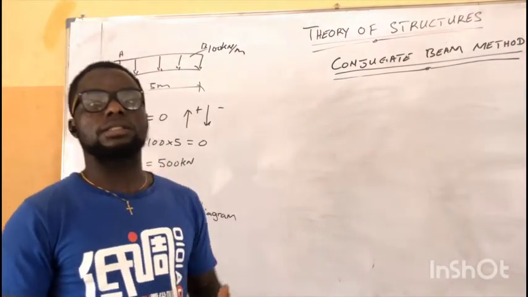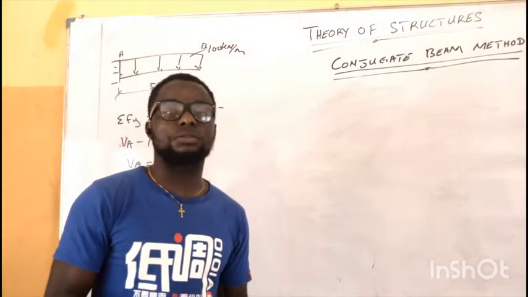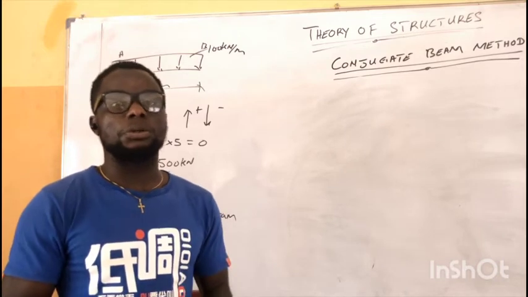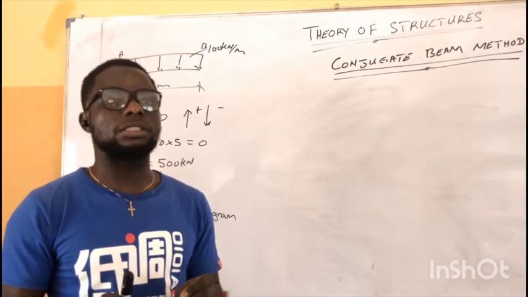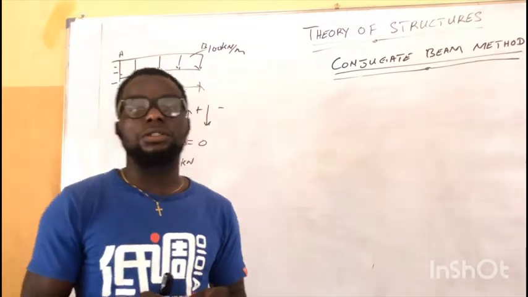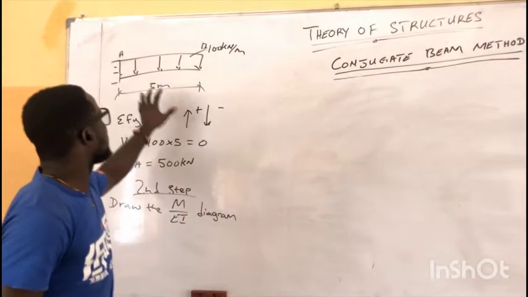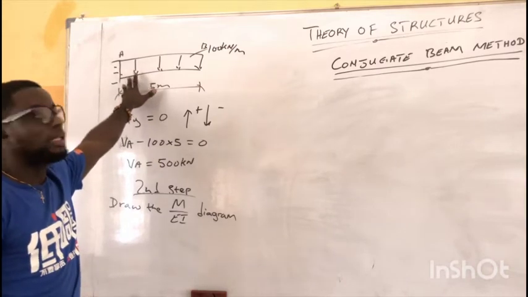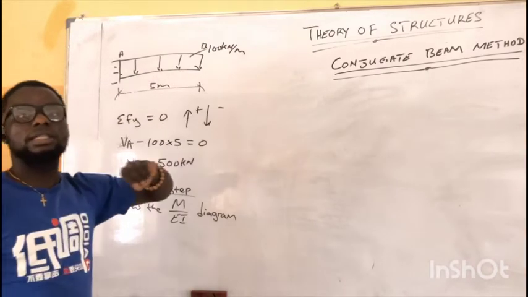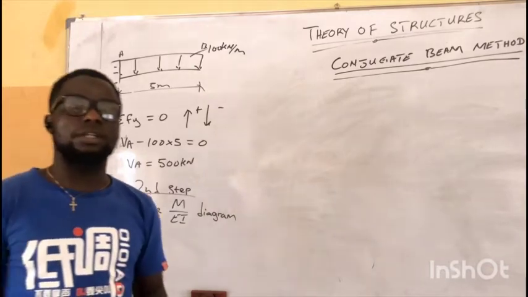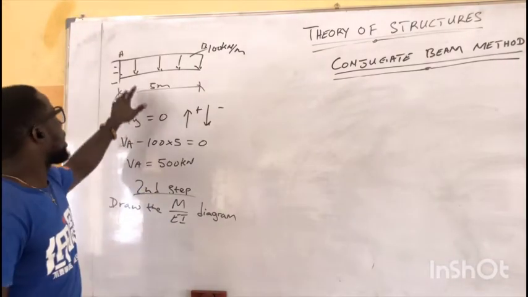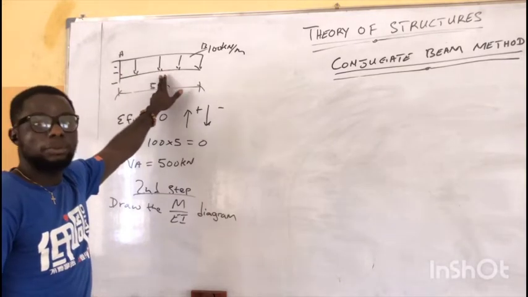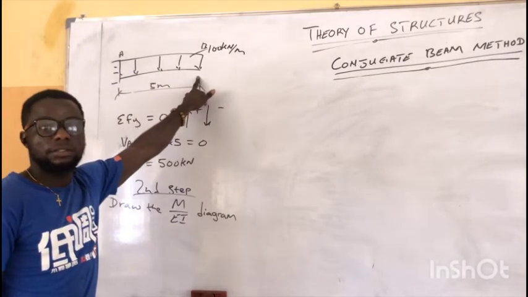You look at the question you are given and what you're asked to solve. From there, you're able to know where to calculate your bending moment, the points which are sufficient for the moment diagram. Looking at this question, I have a point A and a point B, and the question says get the rotation and deflection at point B. So I will calculate the bending moment at point A, the midpoint, and the free end B.